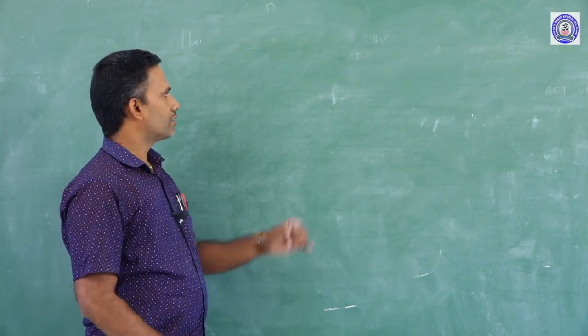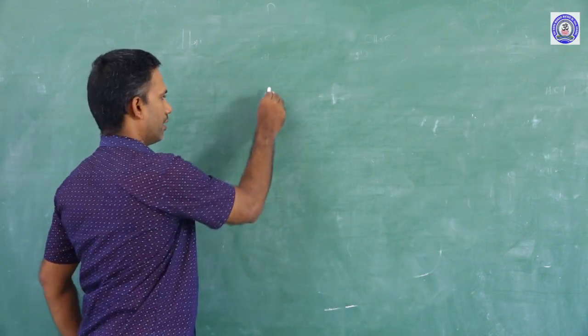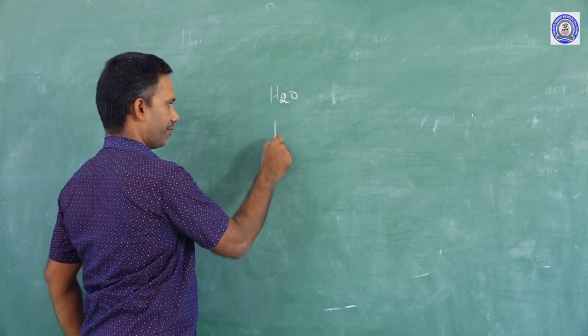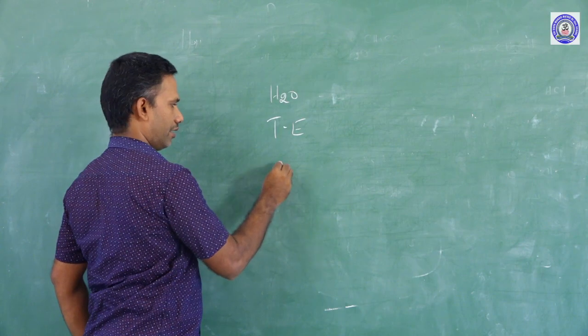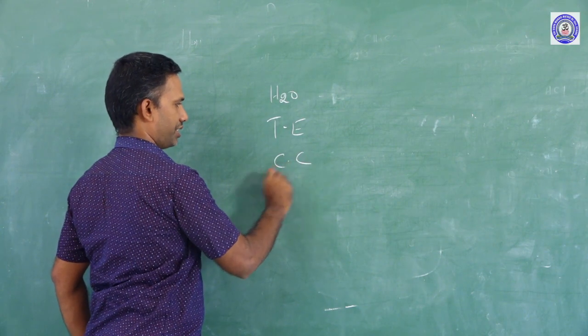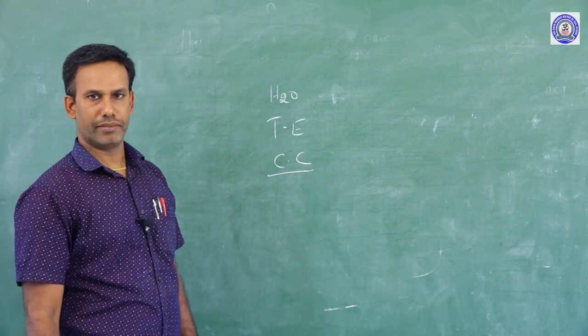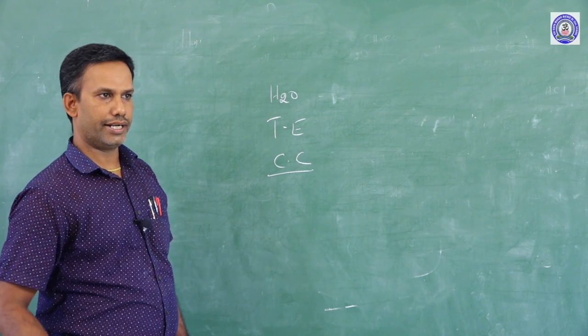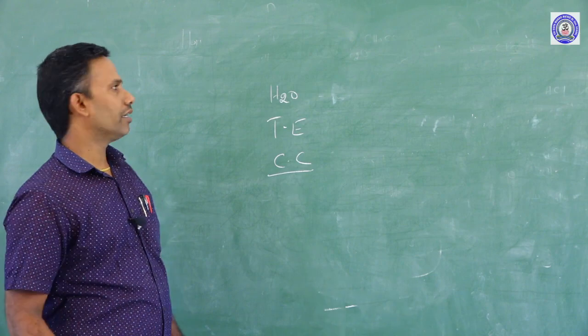Esters treated with water give hydrolysis, then trans-esterification, then Claisen ester condensation. These are the chemical properties of esters. Then let us move on to the amide.